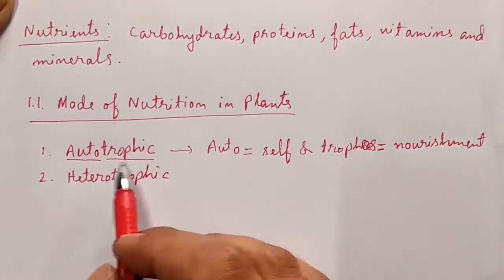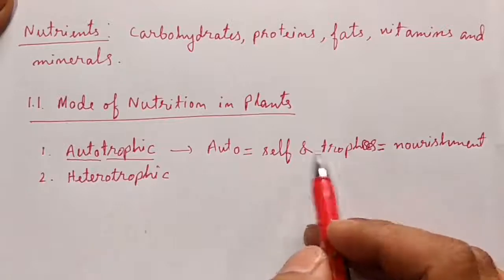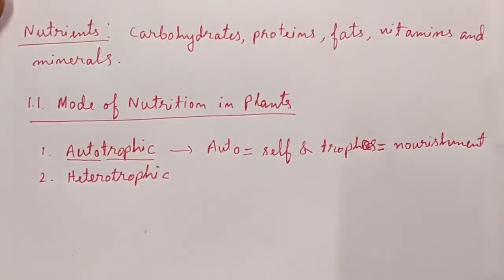So the meaning of autotrophic is self-nourishment. That is, the mode of nutrition in which organisms make food themselves from simple substances. For example, plants.